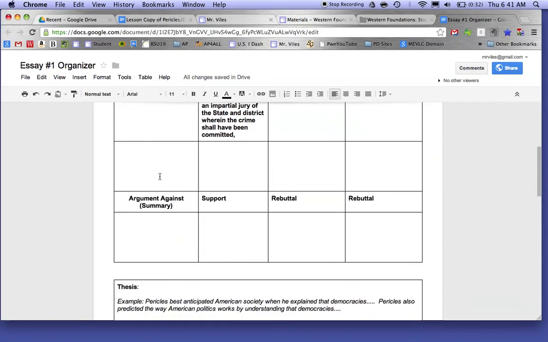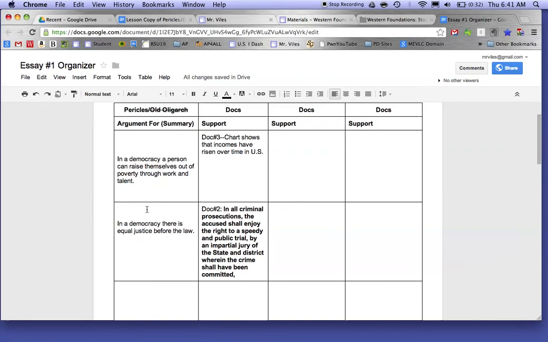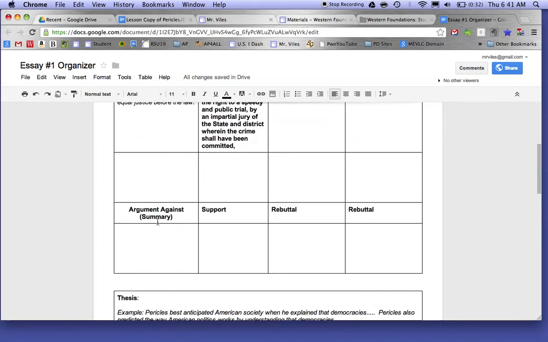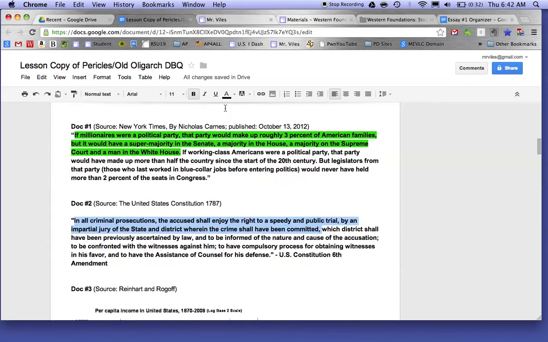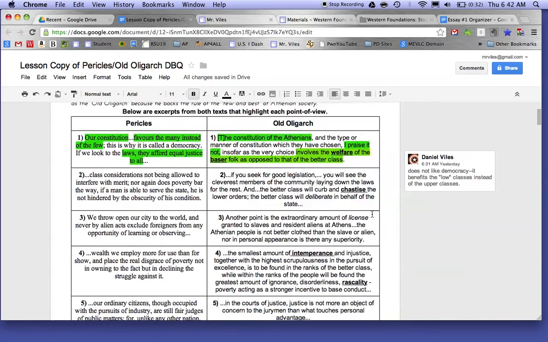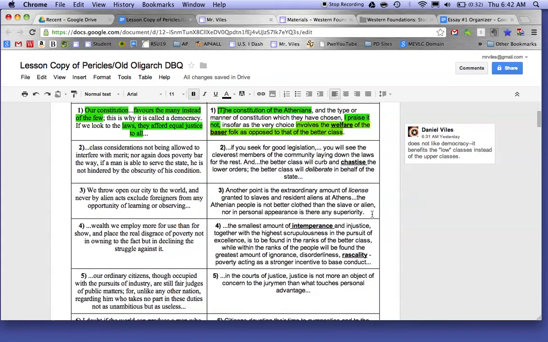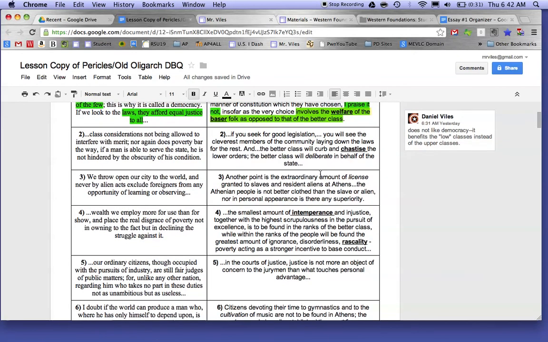When you get these 3 filled out, again, we're imagining here that I'm in support of Pericles' position. Well, the argument against would be the old oligarch. And what's his best argument? When I look at the material and think, okay, what's his best point? And I scroll back up here. Well, perhaps this sums up his best point, which is, even if you call it a democracy, whatever you call it, the best people, the most educated, will take control now, making the rules anyway.